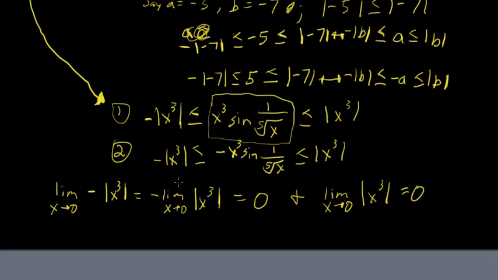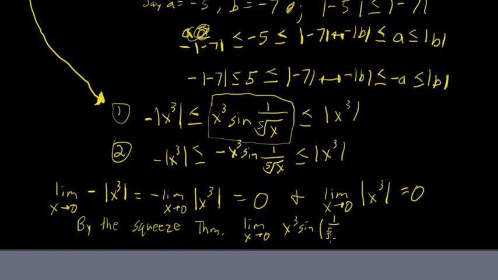And so, by the squeeze theorem, I'm going to abbreviate that THM, the limit as x approaches 0 of x cubed sine of 1 over the 5th root of x, this is kind of messy, just rewrite it here, sine of 1 over the 5th root of x, is equal to 0.